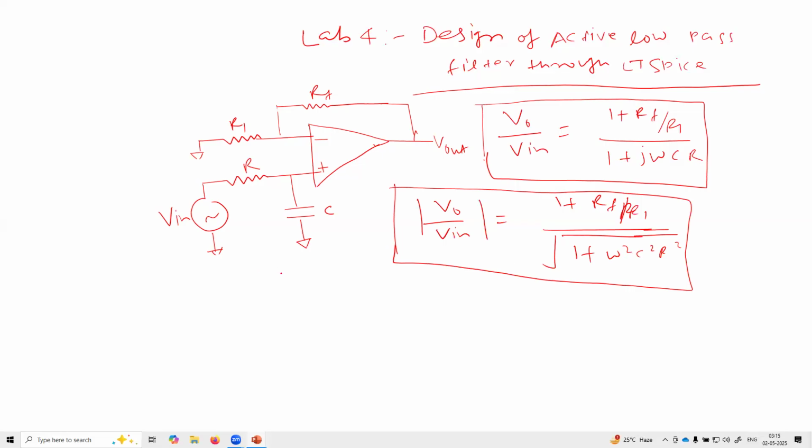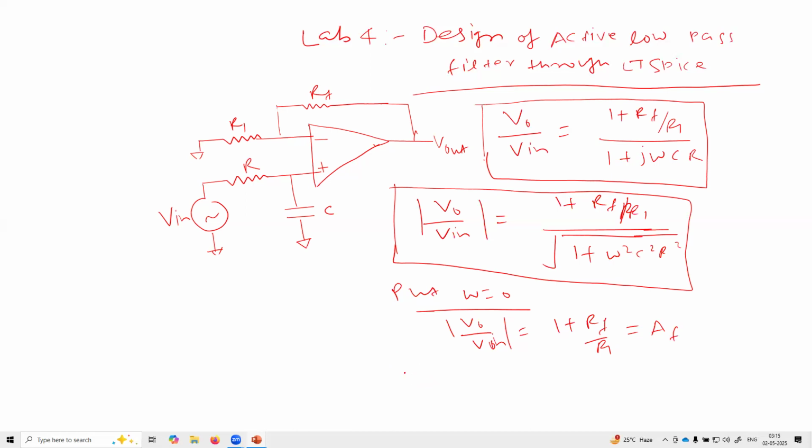I want to extract some information from this. So put omega is equal to 0. Whenever we put omega is equal to 0, the magnitude of gain V naught upon V in will be 1 plus Rf upon R1. Let us consider it as the forward gain AF.